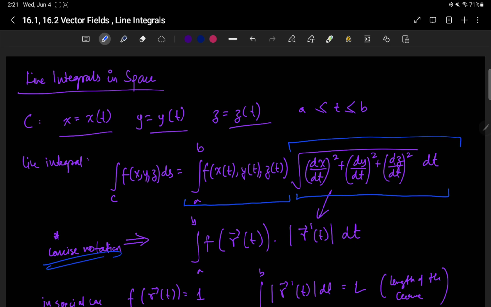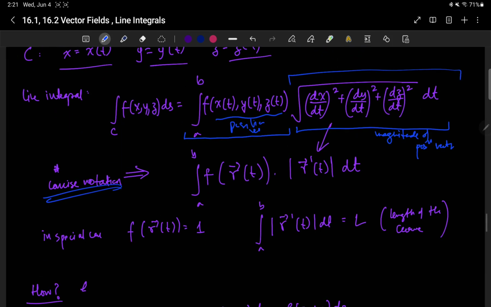Now we can have a concise notation here, f of r(t), because r(t) is the position vector and this is the magnitude of the position vector. In the special case, if your function is just constant, then this gives the length of the curve.